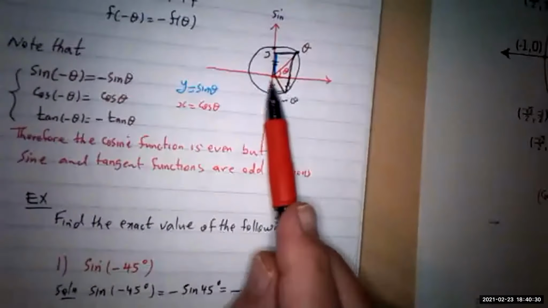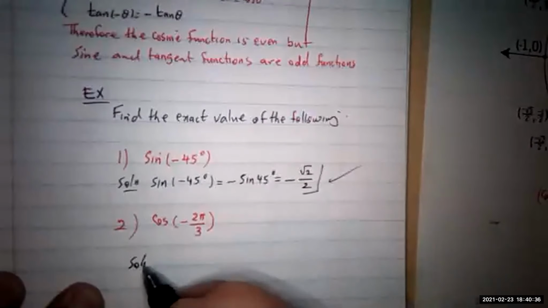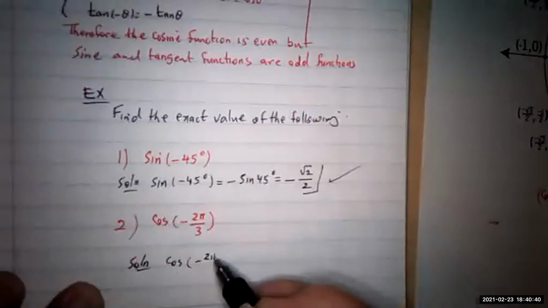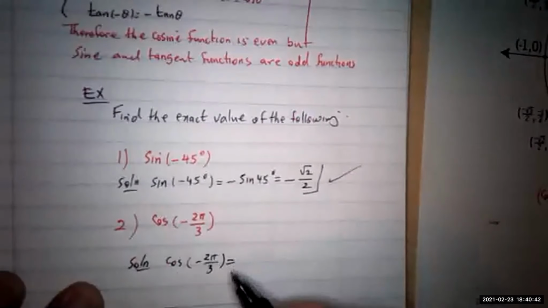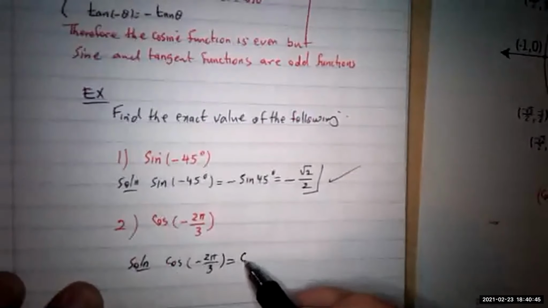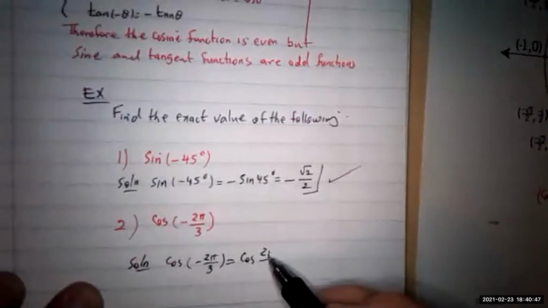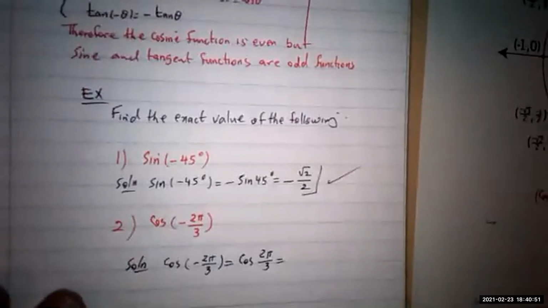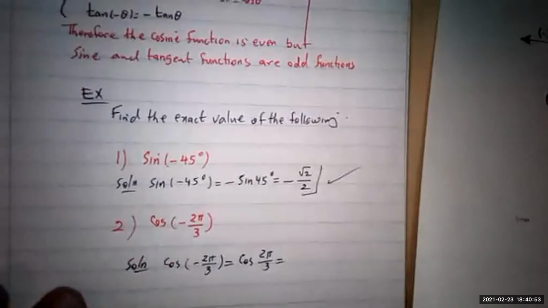The solution is that the cosine of negative 2 pi third, we can drop the negative sign, so it's the same as the cosine of 2 pi third. 2 pi third is going to be 120. You go to the table and you find it.